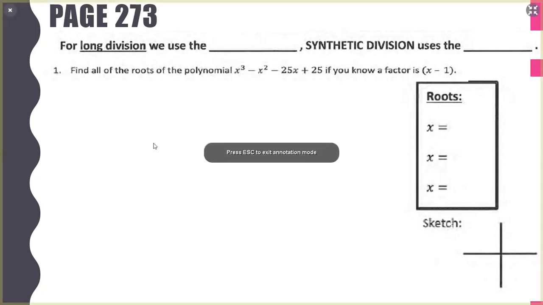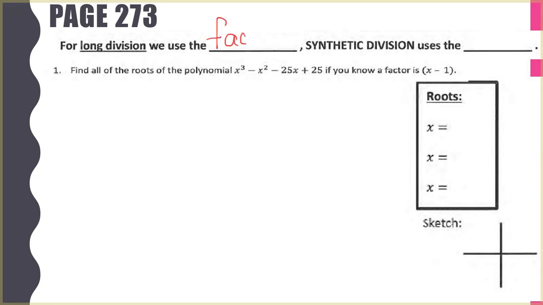So for long division, which is what we did in our Bell work, we are going to divide using the factor. But for synthetic division, we use the root or the solution. Remember that there's many different words that mean root. You could say solution, you could say answer, you could say zeros, you could call it an x-intercept.